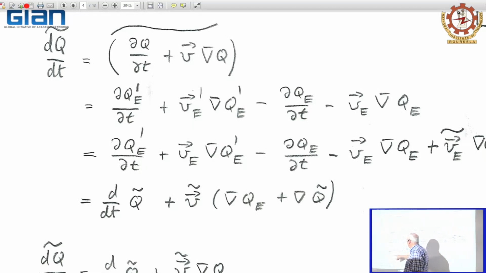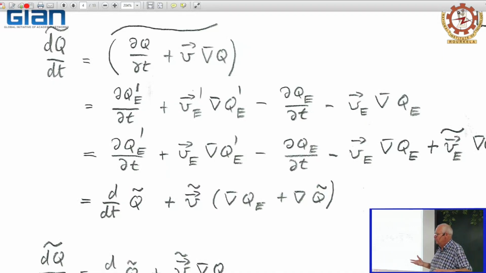This is the Eulerian perturbation of the d by dt Q tilde, what we have here, plus the velocity times, okay, QE dash is now replaced by the Eulerian perturbation of Q and QE itself.